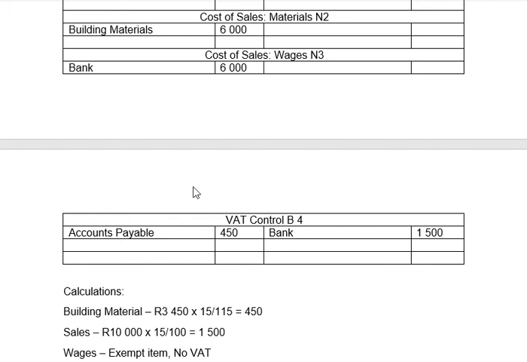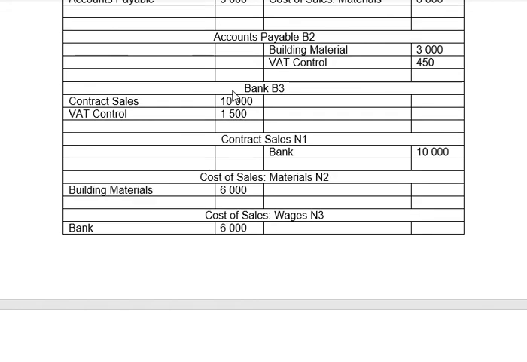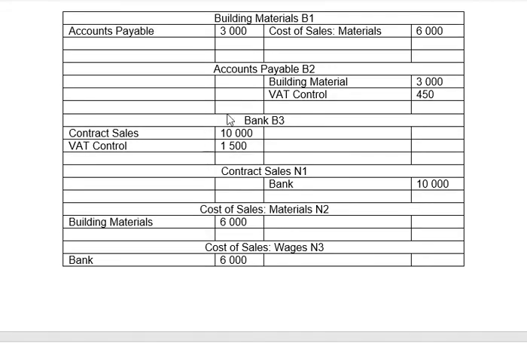You will see that always in the VAT control account, it's either accounts payable, bank, or accounts receivable, the account used to make the payment. So there's my credit of 1,500, debit bank 1,500.